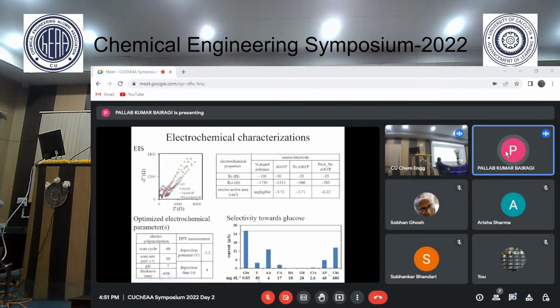The concentration reflected here is double their permissible biological limit. That is, for urea, the upper limit is 20 milligram per deciliter for the human body, so here it was taken as 40 milligram per deciliter during the testing for measuring the sensitivity.